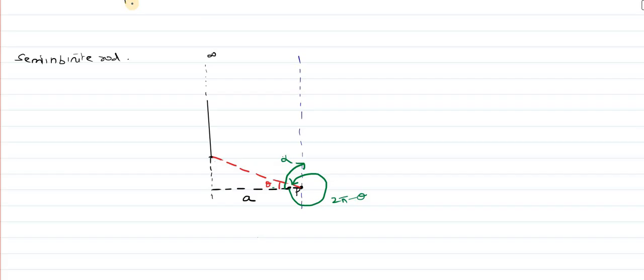So further, alpha here is 90 degree or pi by 2, correct? So beta is 2 pi minus theta. What is the value of the electric field then?